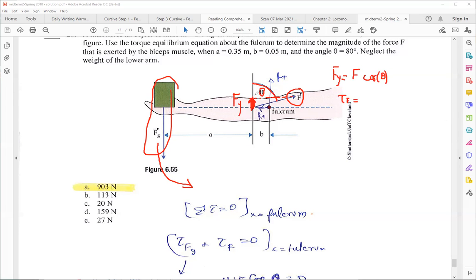Now the torque due to the force, remember the fulcrum is here, so this force will want to cause a rotation that is clockwise.